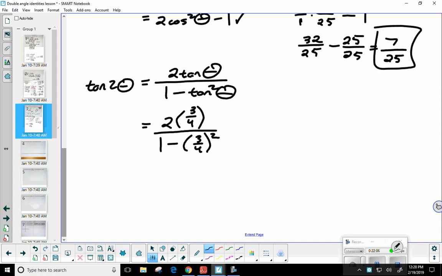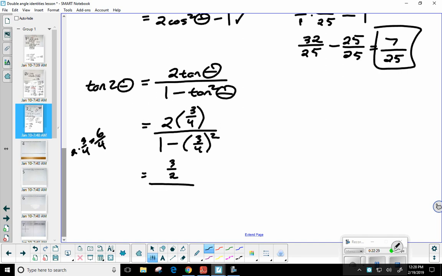Let's take it one step at a time. What would I get if I multiplied 2 times 3/4? 2 times 3/4 would be 6/4, but 6/4 would reduce to what? 3 over 2.